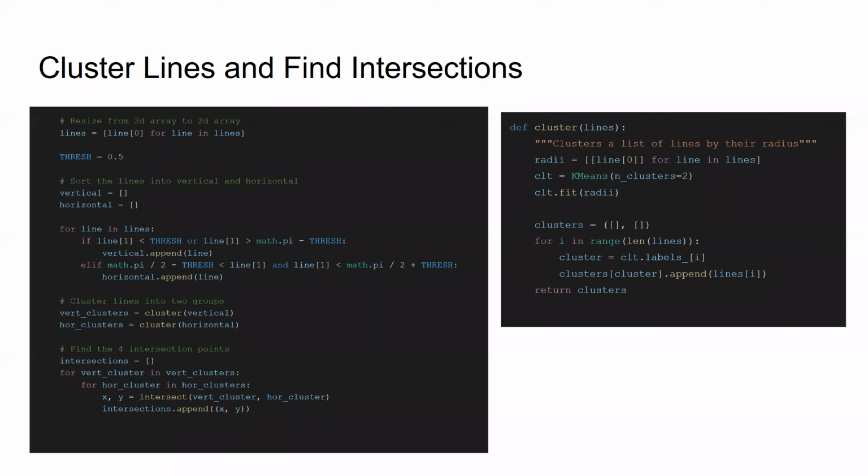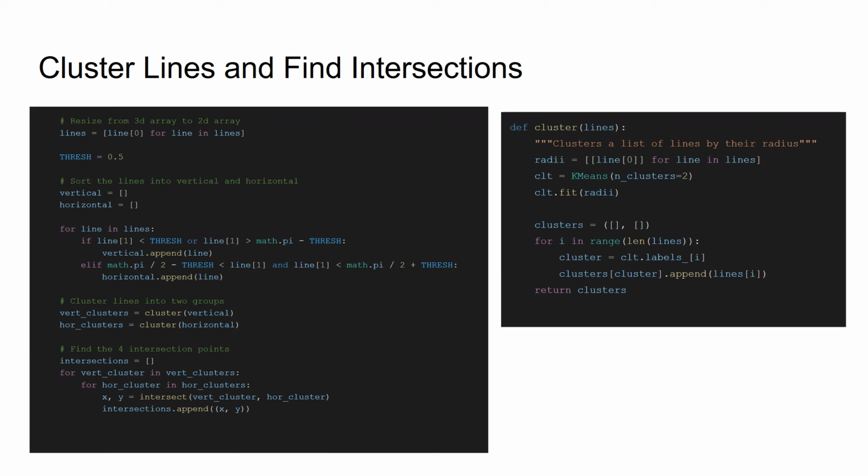So we take the vertical lines and the horizontal lines and get 2 clusters from each of those. And then from each of those clusters, we find the intersection between them. So I created a helper method called intersect that takes each cluster. What that is doing is finding the intersection between each pair of lines in those clusters, and then finding the average coordinate from that.